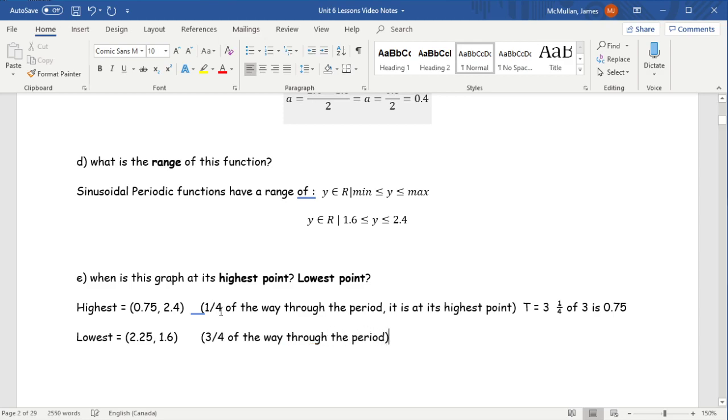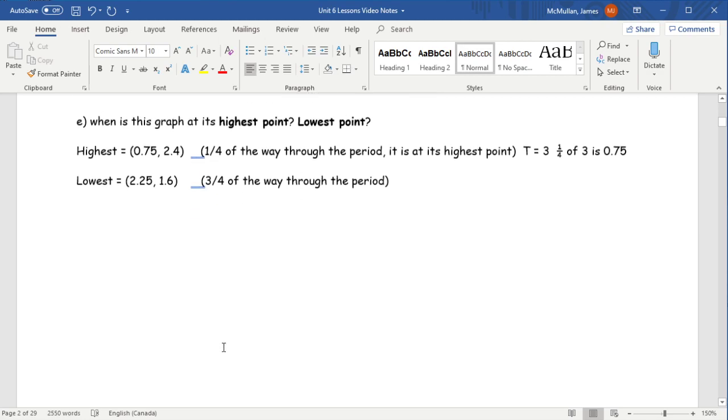Now, it's not that this is always true, but I want you to think about it this way. It's not just 0.75 and 2.25, those numbers are important. The importance is it's always a certain fraction of the period that these functions go to their mins and maxes, and we will look at this in a lot more detail later. I just want you to start thinking about it this way.